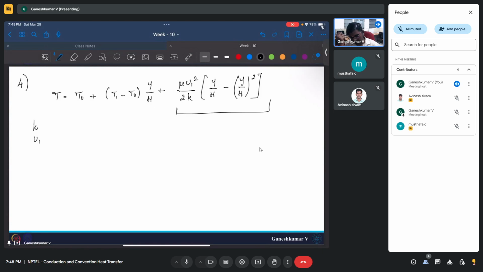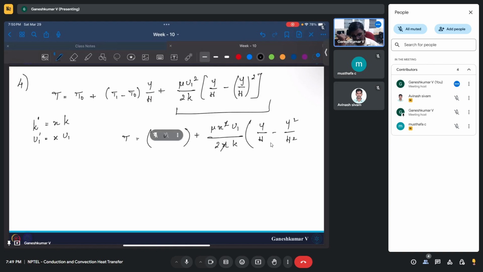So let's say I define u1 dash to be some x times u1 and k dash to be some x times k. Now let's say you substitute them here. It's going to remain the same for these two terms. For this term, it's going to be simply mu into x squared u1 squared by 2 into x into k, so x becomes the factor, times (y by h minus (y by h) squared).